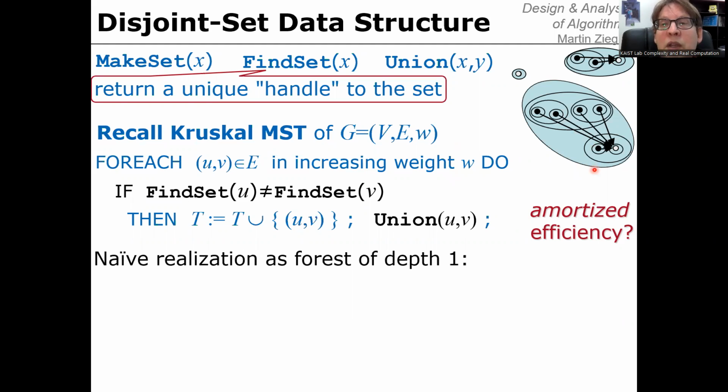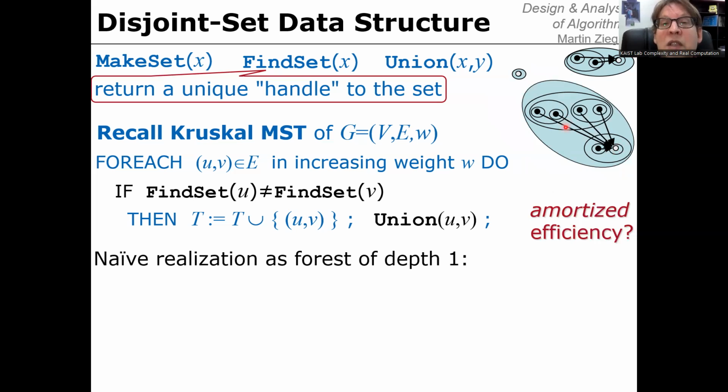Which one is going to be the new unique handle of the union? Is it going to be this one or this one? And well, in the union, maybe we choose this as the new handle. Then we need to update all these pointers, which seems like a stupid idea. It seems more efficient, since we already have many pointers here, simply to redirect this one pointer also to match here.